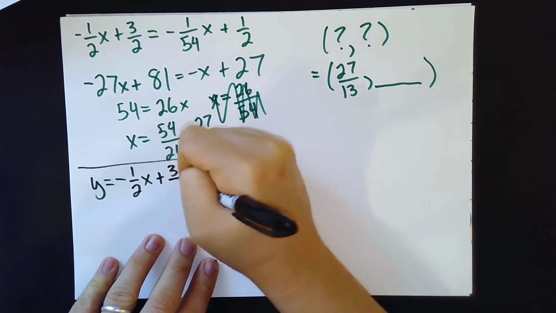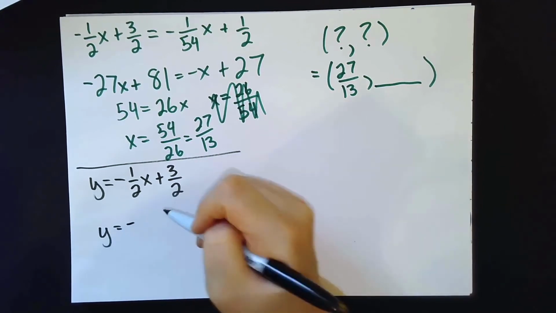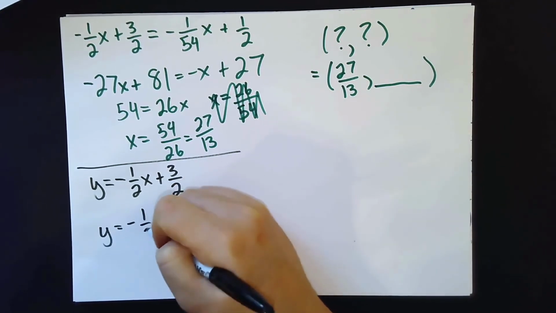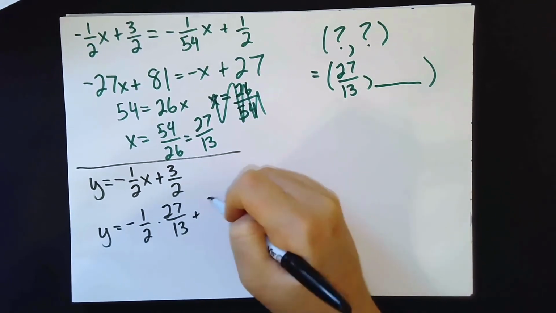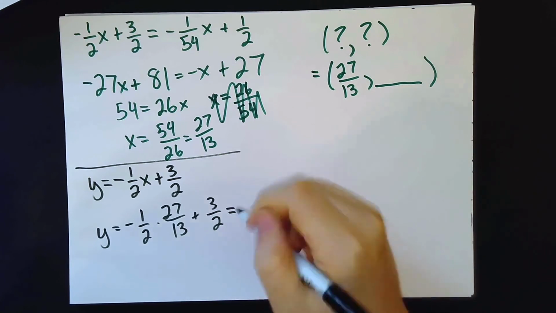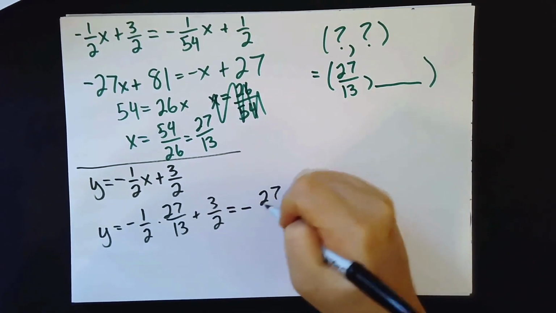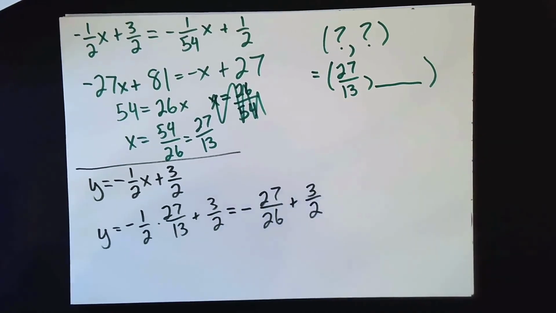And so then when I plug in x, I'm going to get y equals minus 1/2 times 27 over 13 plus 3/2. That is going to be minus 27 over 26 plus 3/2.